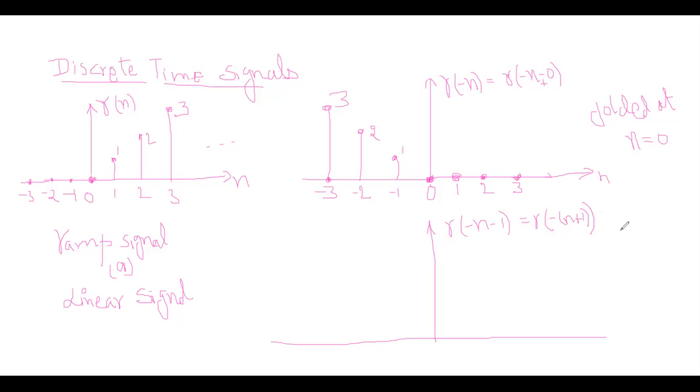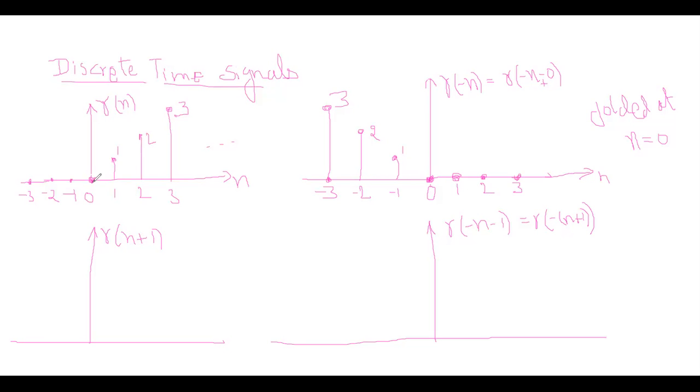Before that, we have to know what r of n plus 1 is. r of n plus 1 is an advanced function of the ramp signal.